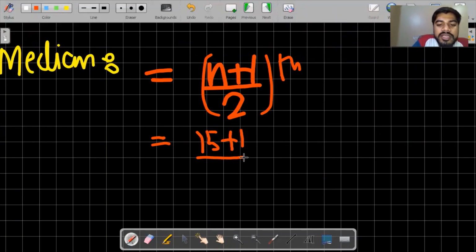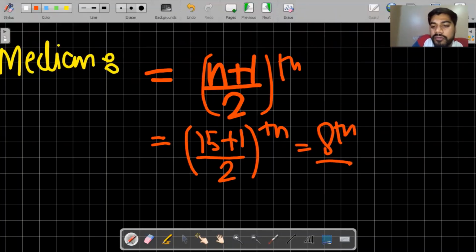So 15 plus 1 divided by 2 gives 16 divided by 2, which is 8. The formula only tells us about the median term, and it says that your median term is the 8th term among that arranged data.